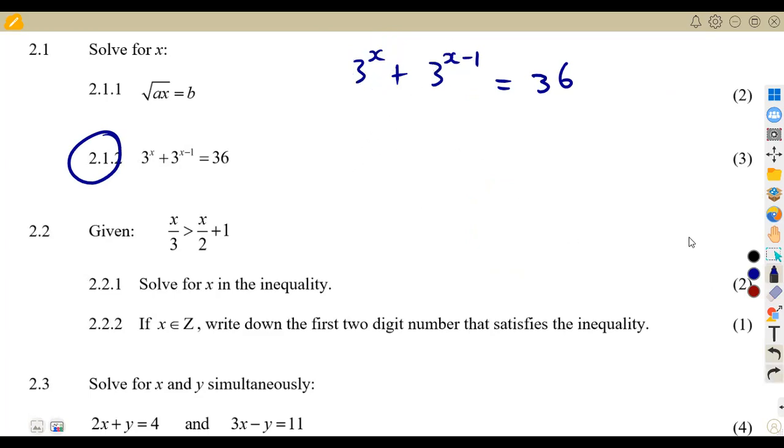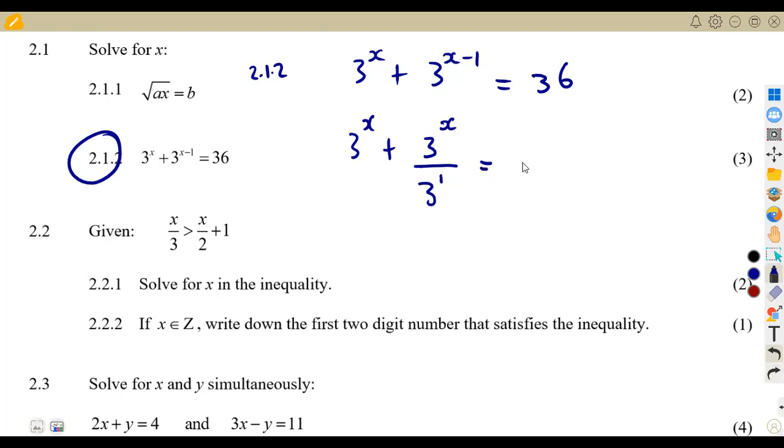We can simply separate this as 3 to the exponent of x plus 3 to the exponent of x minus 1. So you're simply asking yourself, how was it written before? What made you subtract this? You were dividing 3 to the exponent of x by 3 to the exponent of 1. Remember, that was the condition that made us subtract our exponents like this.